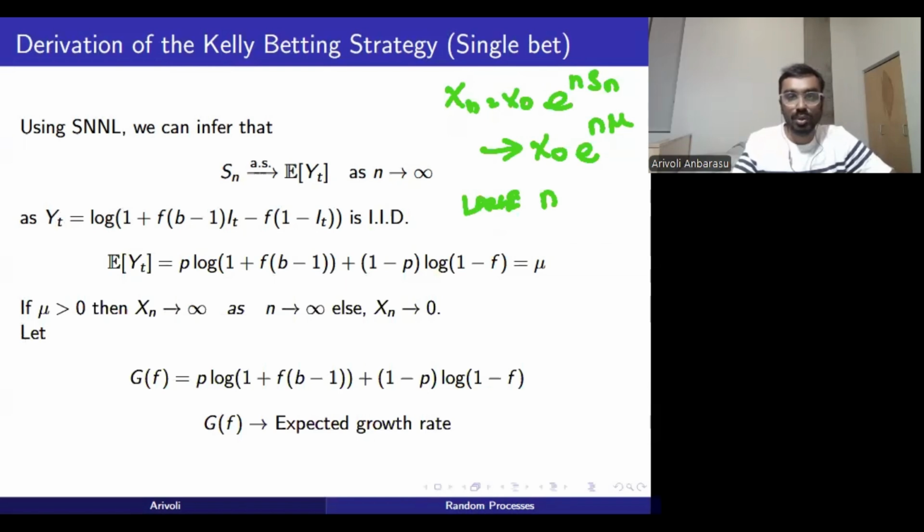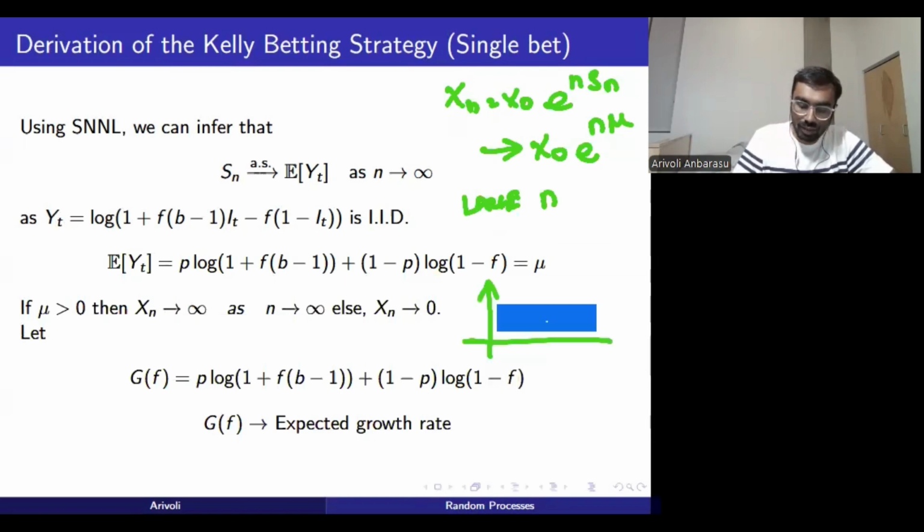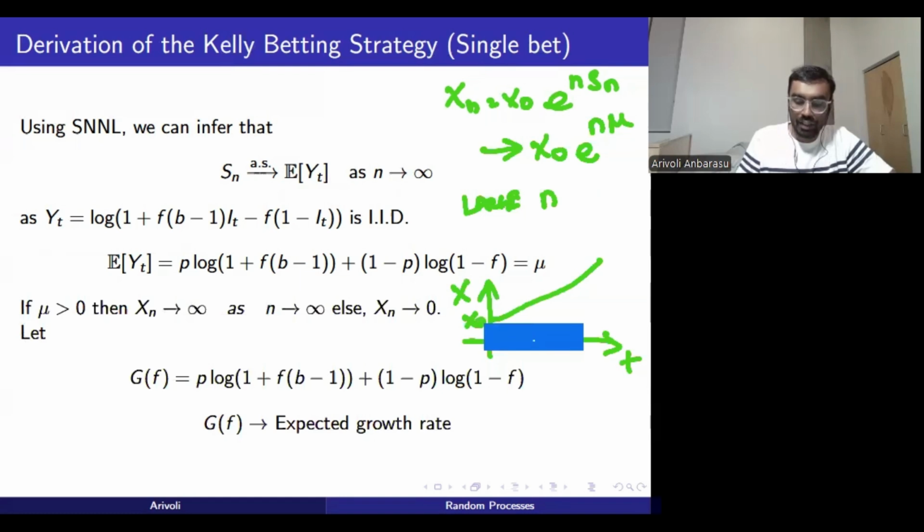So if mu is positive, then the wealth will explode over time. And if mu is negative, the wealth will go down to 0.